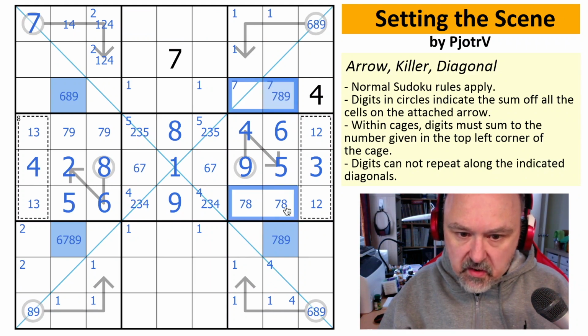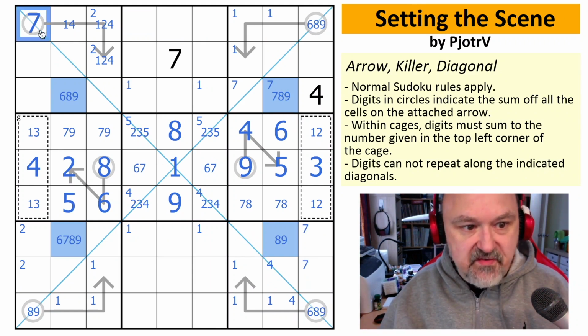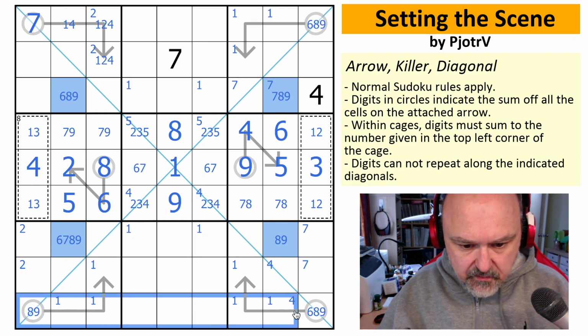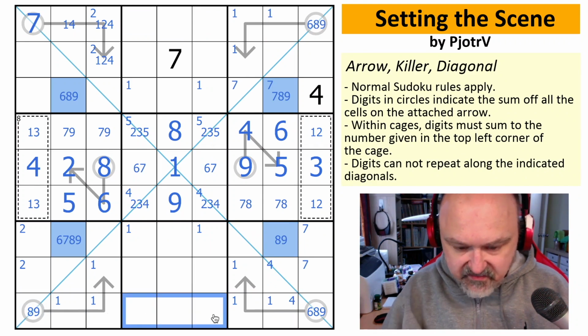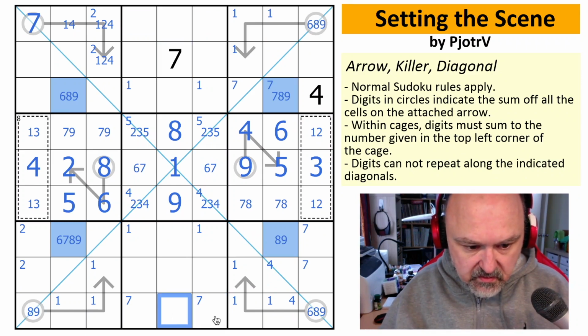So 7s are lining up. 7, 7. So this can't be a 7. 7 must be down here. Because I've disproven this from being a 7 by that 7. So 7 is down here. Seven can't be here or here because it can't be in any of the corners and it can't be on the arrows. So 7 is down here somewhere. It can't be in the middle because of that 7.